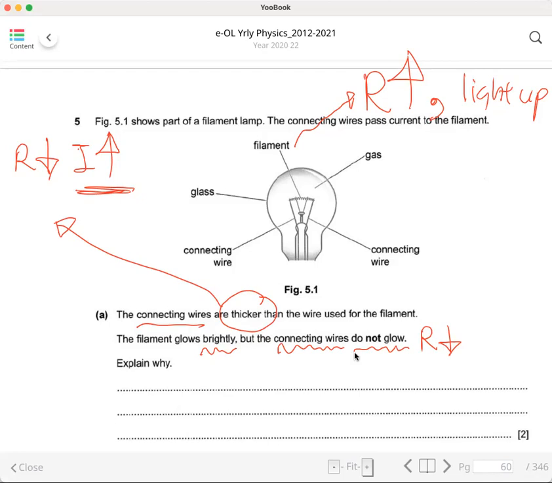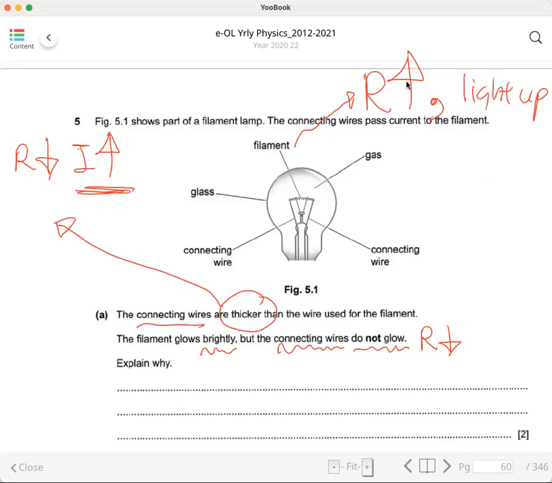So first of all, the connecting wire is thicker, so the resistance is lower, so current can flow through. Therefore the wire does not glow because the resistance is low and the current is high. Next, the resistance of the filament is very high, it's very thin, and therefore the light bulb will actually light up.